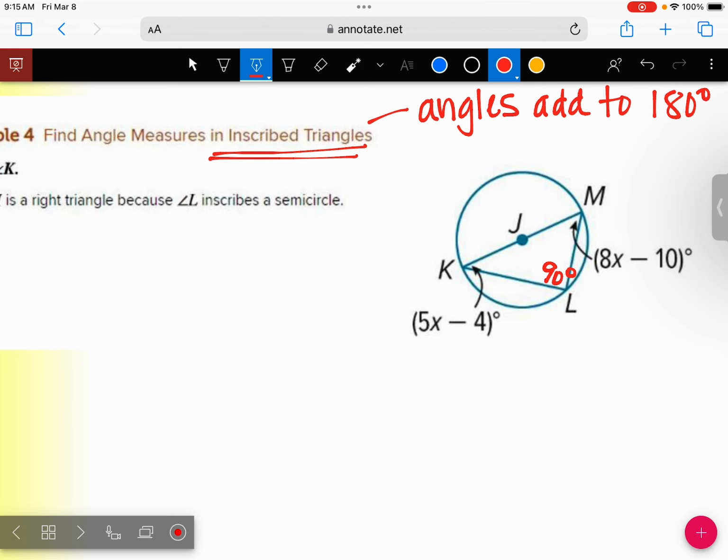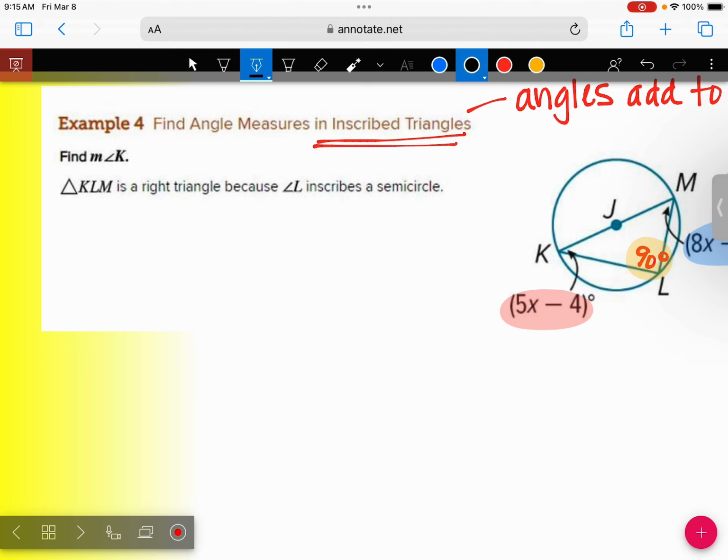It could be isosceles, it could be equilateral, it could be a scalene. The angles inside always add to 180. So what we're going to do is take this, plus this, plus this, and write an equation where it equals 180.